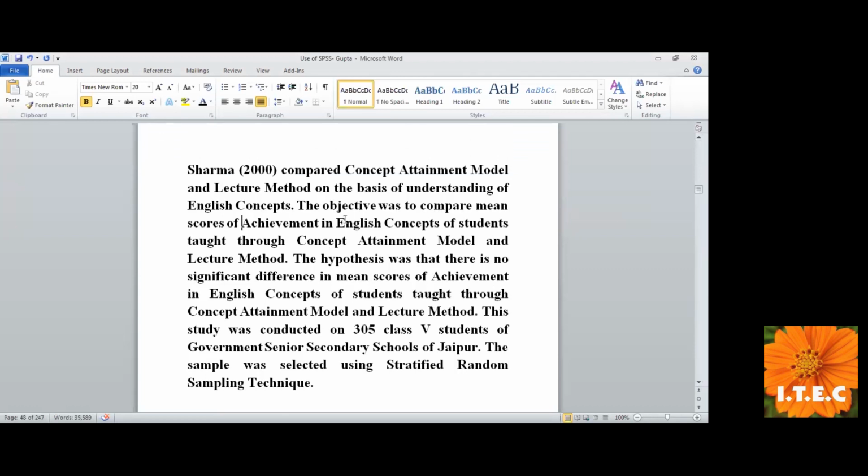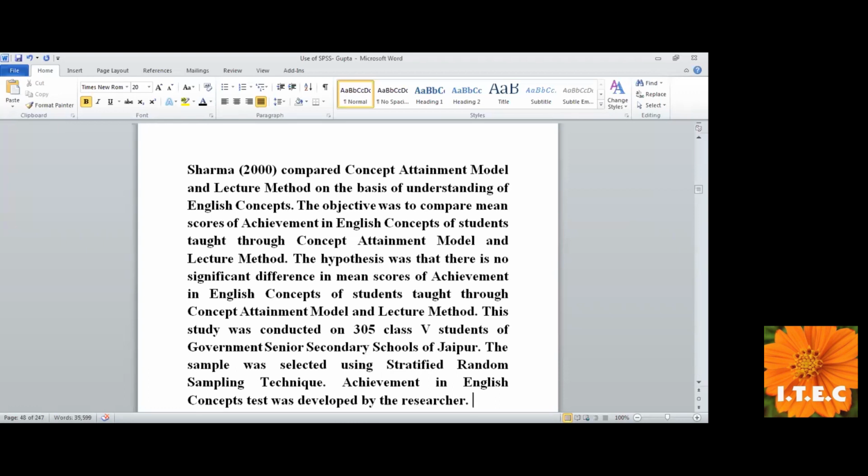So maybe you can say achievement in English concept test was developed by the researcher. So you have written the sample, then the name of the tool, not more than that.